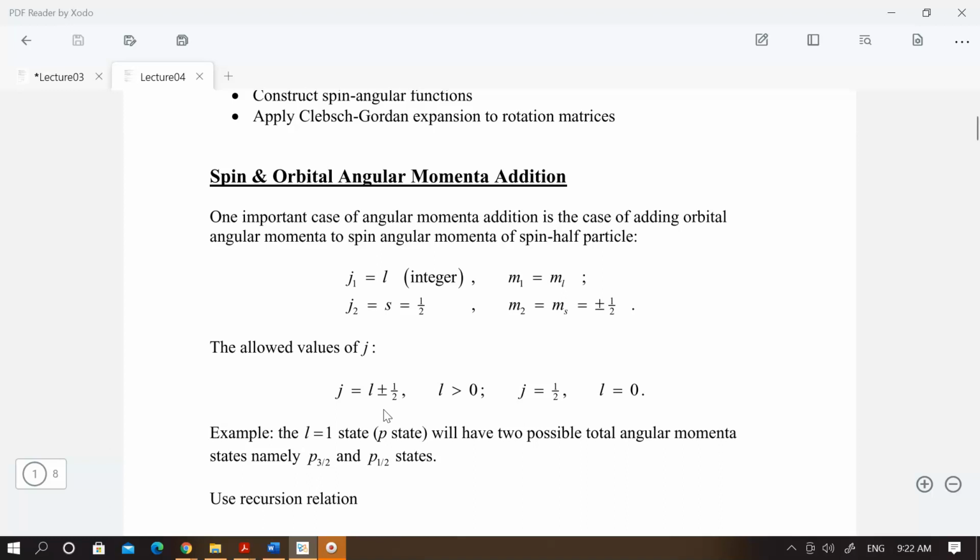So let's take j1 to be the bigger state. The two values are one with the plus and one with the minus. So in other words, you have these two possible total angular momentum magnitude quantum numbers.